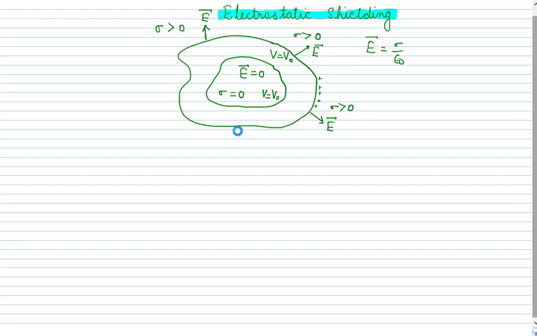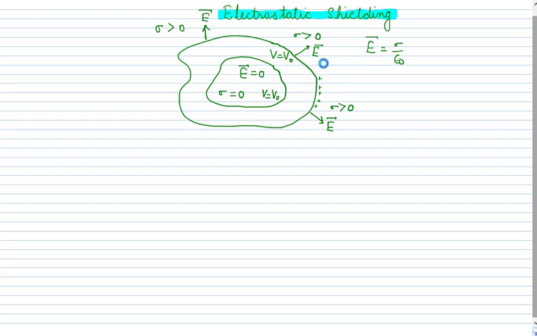And what is this? This is our conductor, and this is a cavity. So whatever be the charge and field configuration outside, any cavity in a conductor remains shielded from the outside electric influence.